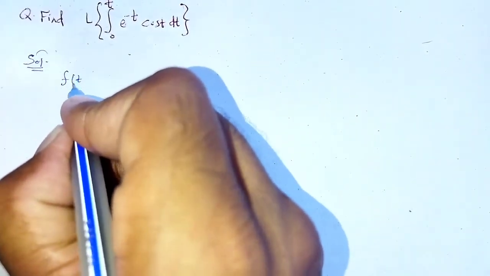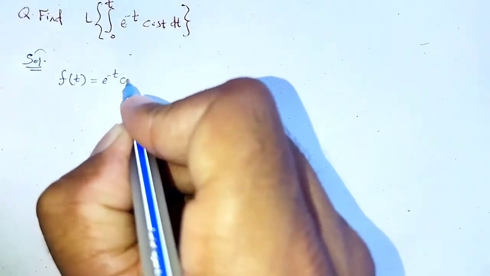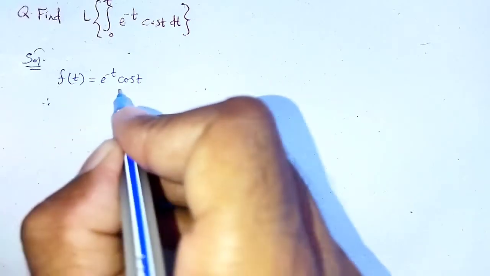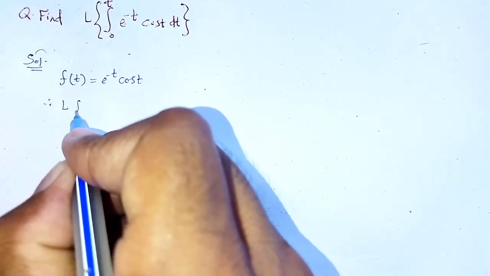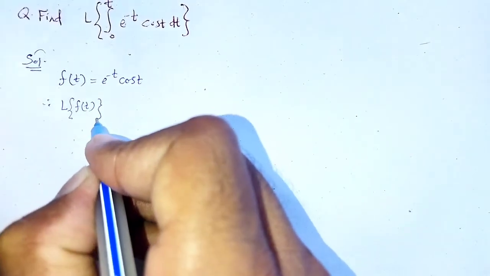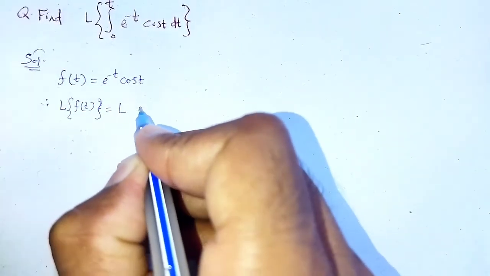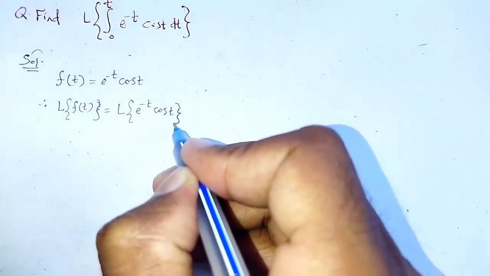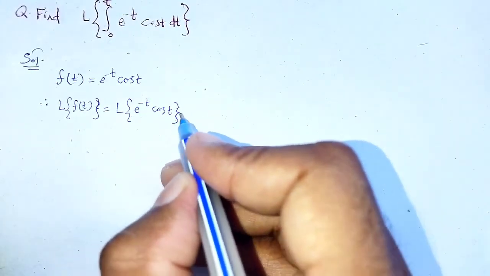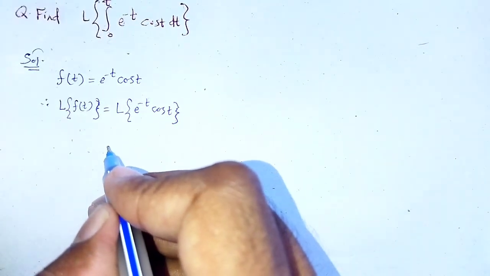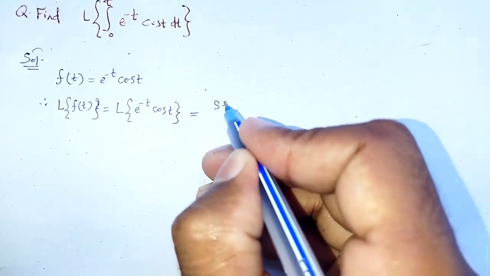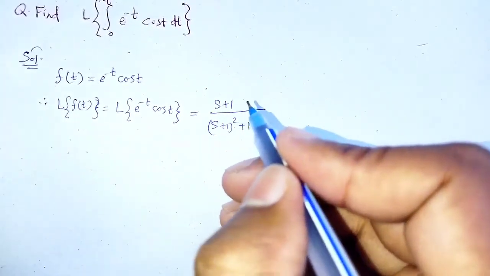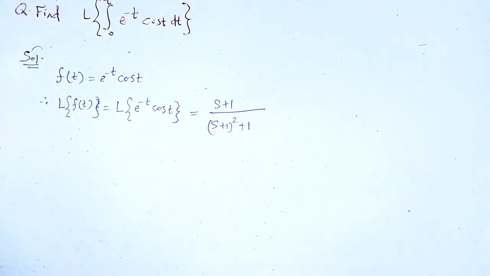the given function f of t is equal to e to the power minus t cos t. Therefore, taking the Laplace transform of f of t, which is equal to Laplace transform of the function e to the power minus t cos t, as usual s plus 1 divided by s plus 1 square plus 1, as we studied the Laplace transform of some elementary functions.